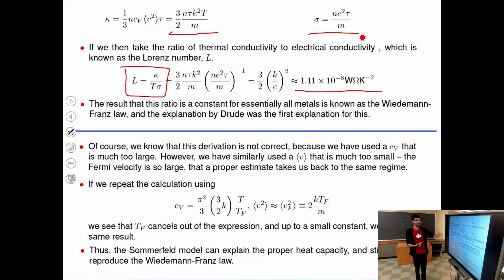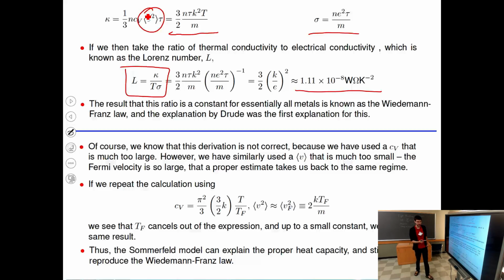So, if Drude theory is wrong, if this formula is completely wrong, and we put the wrong energy in here, why did this work so well? Obviously, if you look at this here, the velocity that comes into this expression, this v squared, has to be much, much higher. So there is something that is really wrong here.